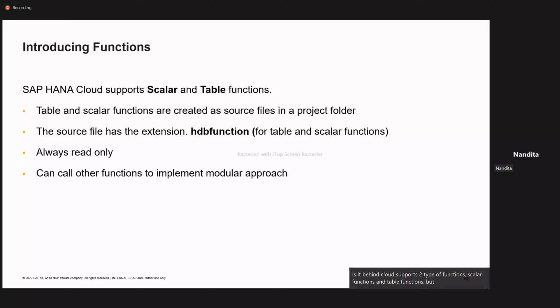Table and scalar functions are created as source files in the project folder. The source file has the extension .hdbfunction, both for table as well as scalar functions. Functions are always read-only and they always provide a certain output based on the input parameters. But they can be stacked and we can call other functions inside the main function to provide a modular approach.